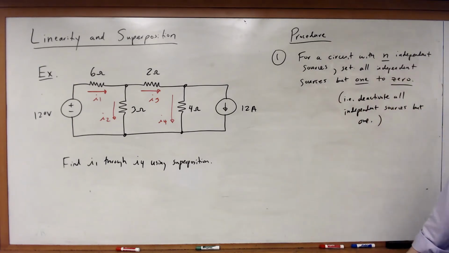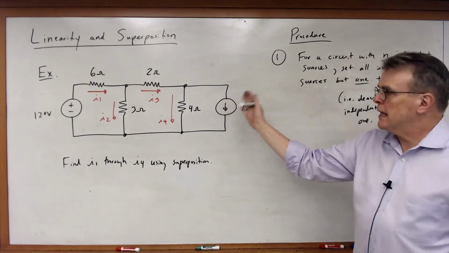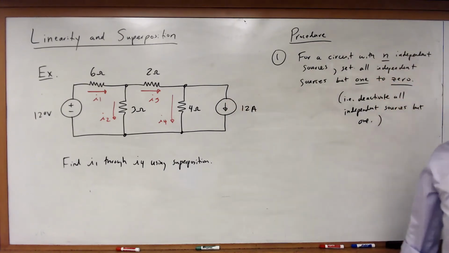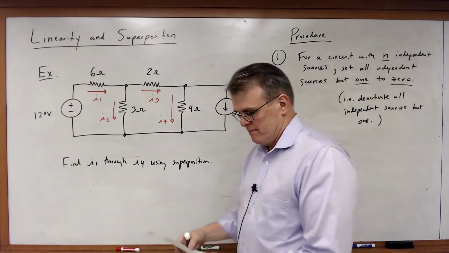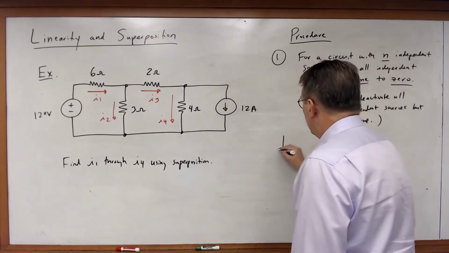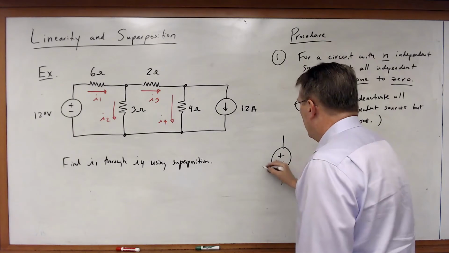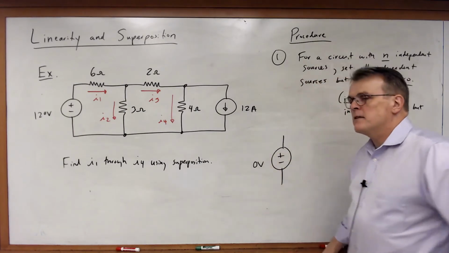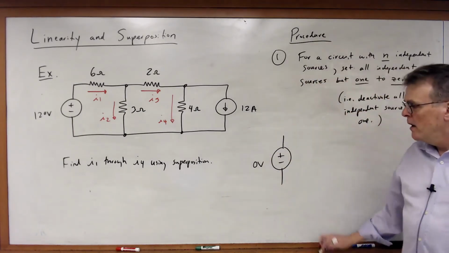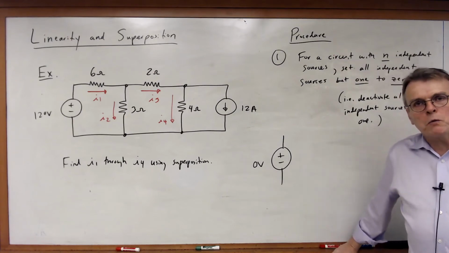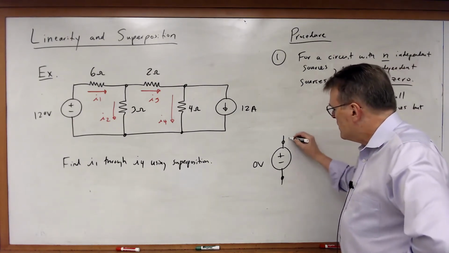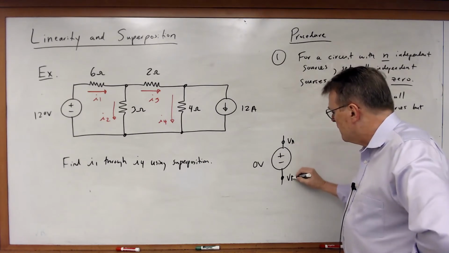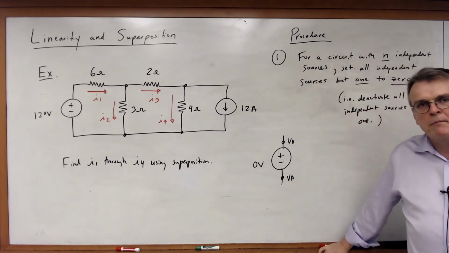Or what I'm going to do is deactivate all sources but one. It doesn't matter which one. Just pick one source, keep that one, and deactivate the others, or zero them out. How do you zero out a source? Well, if I've got a voltage source and I set it to 0, I deactivate it, what does a 0 volt voltage source become? Well, the voltage here and the voltage here, these two node voltages are the same.